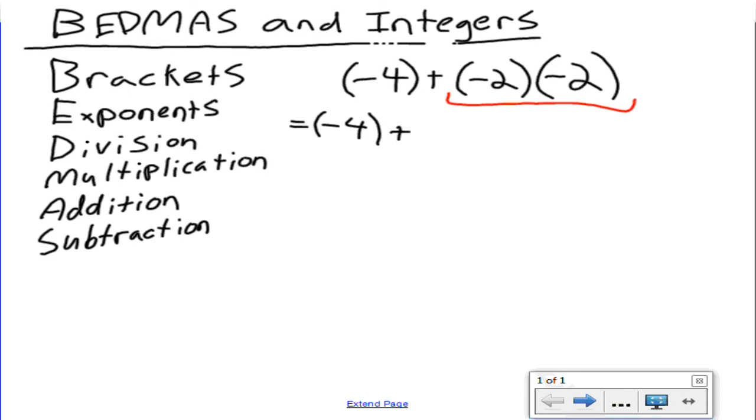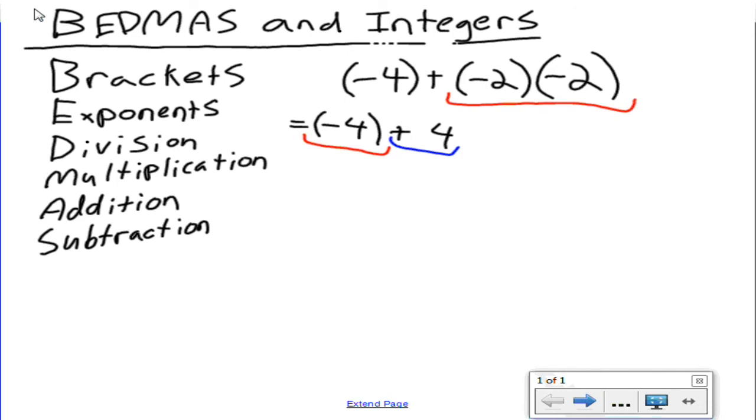2 times 2 is 4, okay? When I'm multiplying a negative times a negative, my answer is a positive. So it becomes -4 plus 4. Thinking of my number line here, I'm starting on -4, and I'm moving it 4 spots to the right.